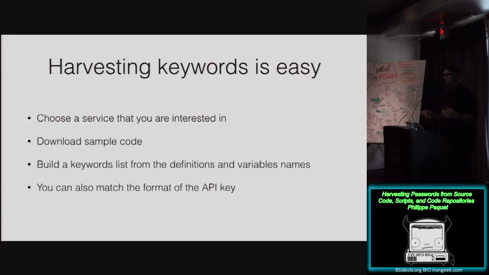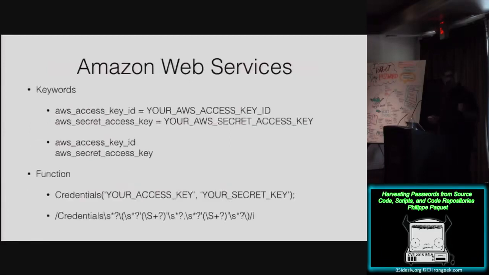They're not going to change the names. So it's a very good way to get a set of keywords. For example, for Amazon Web Services, that's the sample code, that's a keyword you're going to get, that's a function call from the sample code, and that's a regular expression to find that function call.